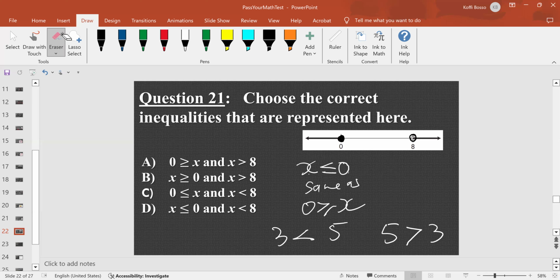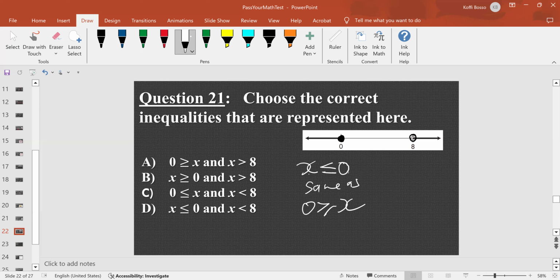So that's the first part. The second part will say X is greater than 8. This time it's not greater than or equal to, because it's just greater than, because they don't close it off, they don't make 8 a full circle. So X is greater than 8 because we need numbers more than 8. This is the same as saying 8 is less than X if I write the number first.